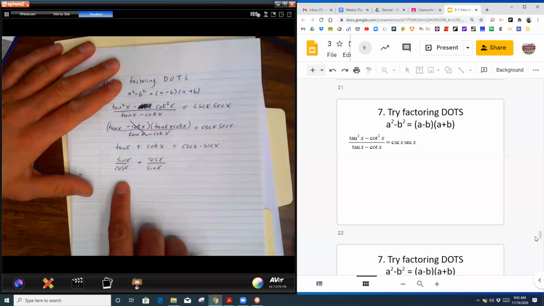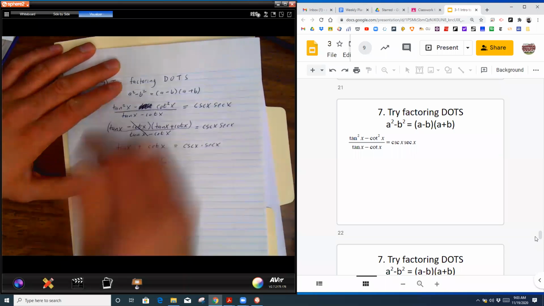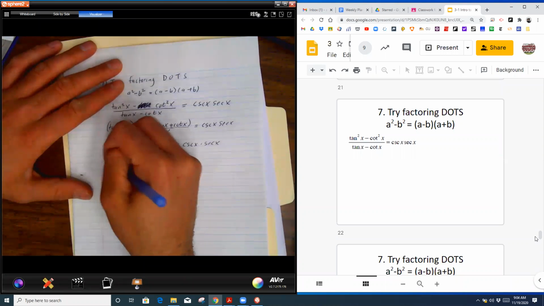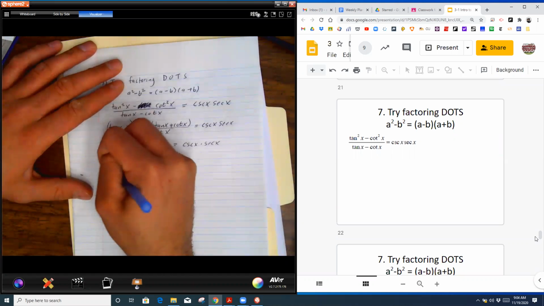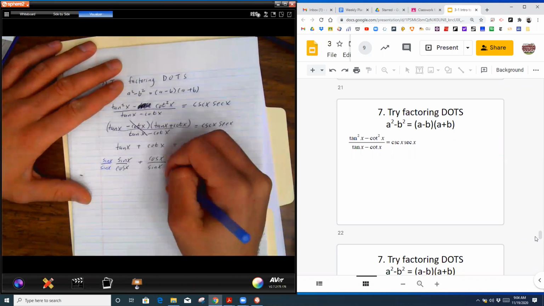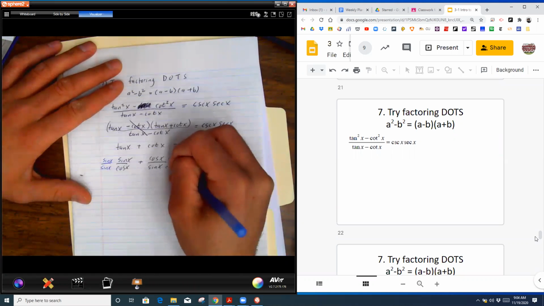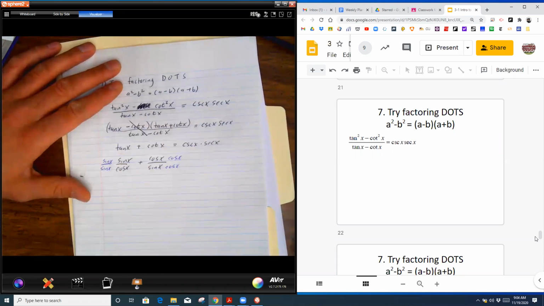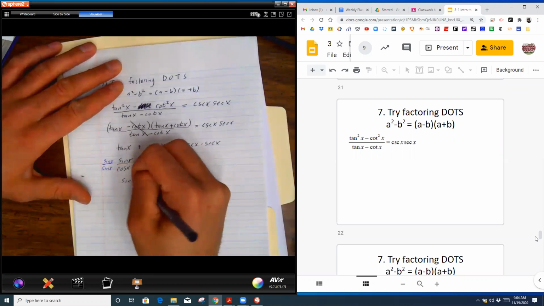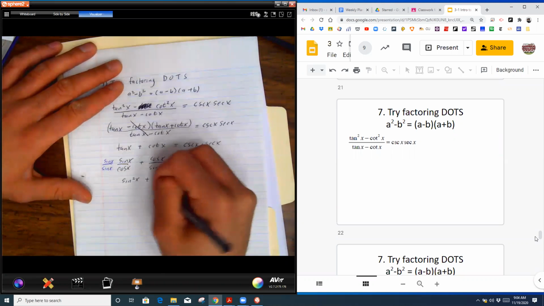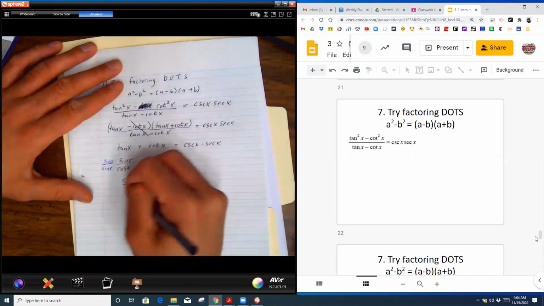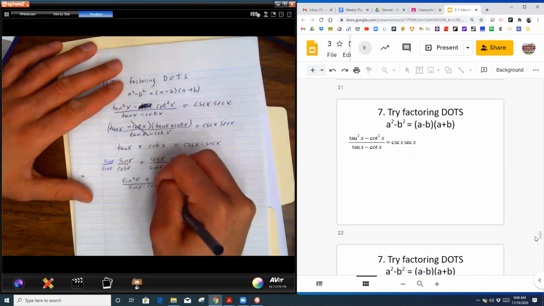So to get a common denominator, I'm going to multiply the left fraction by sine of x over the sine of x, and then the right fraction by the cosine of x over the cosine of x. And then I get sine squared of x plus cosine squared of x all over sine of x times the cosine of x.